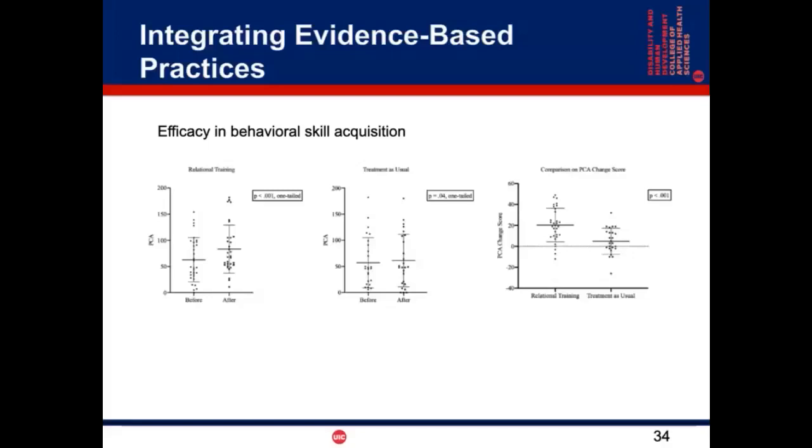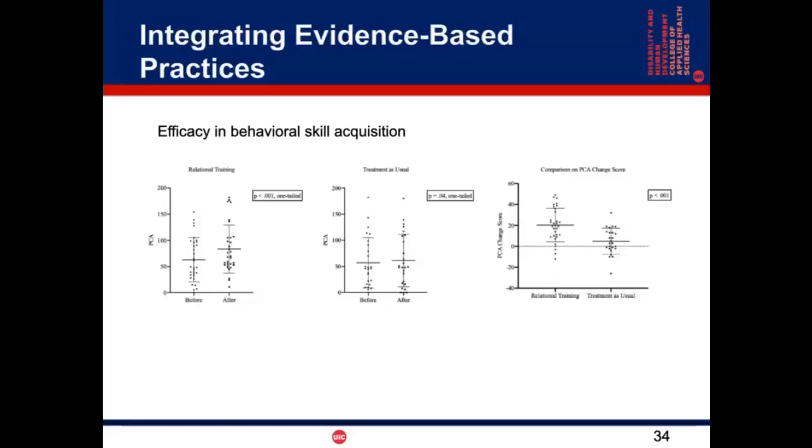And then in the right panel here, what we have is a comparison. You take the before and after score, and you get a change score, meaning you take the end score and subtract out the beginning score. And so what this shows is that relational training seemed to improve skills on this assessment by approximately 20 new skills on average for the treatment group, and in the control group we see an average of maybe about 3 or 4 new skills. So that's a pretty important finding.